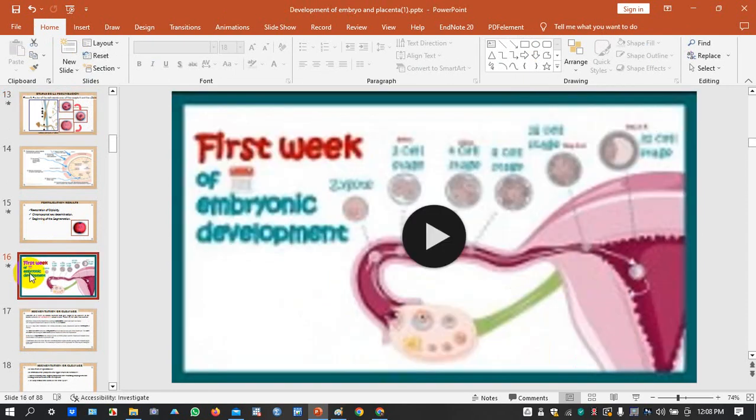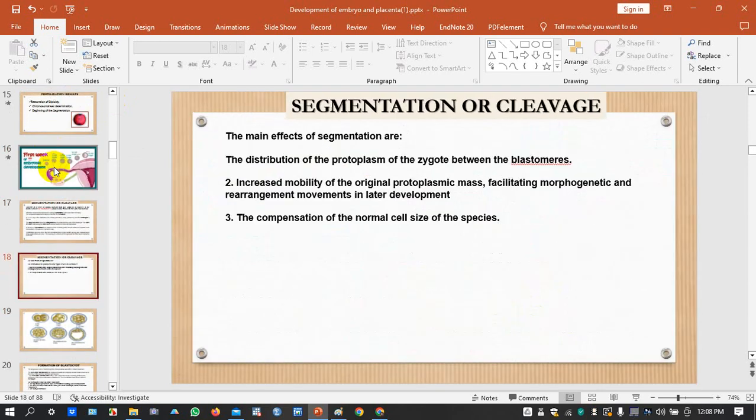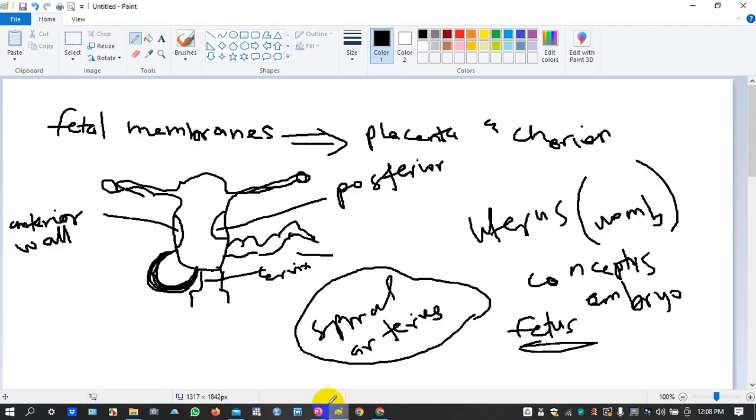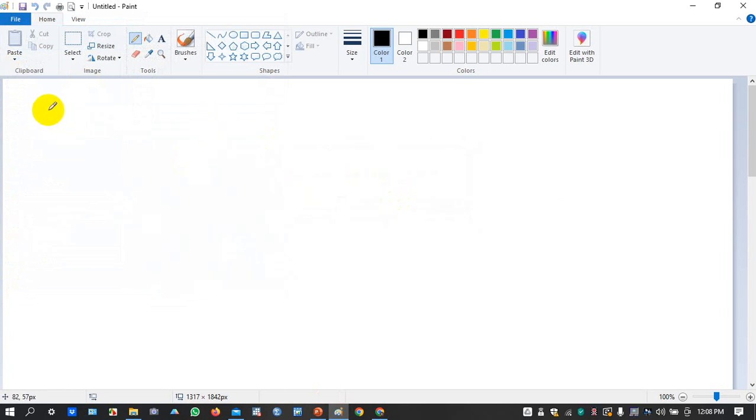The cells are dividing. That's why we tell you that if you are pregnant, don't take alcohol, don't take other drugs and other things, because those things are teratogenic substances. They are called teratogens.